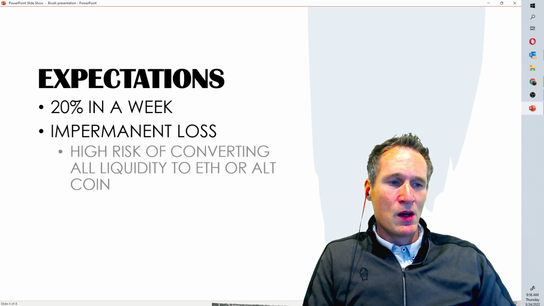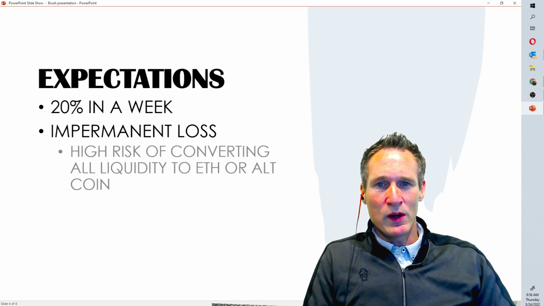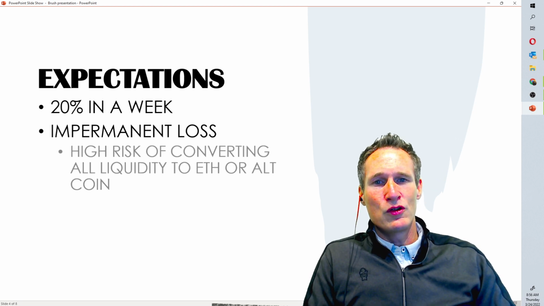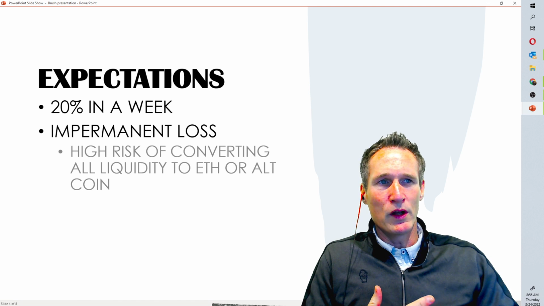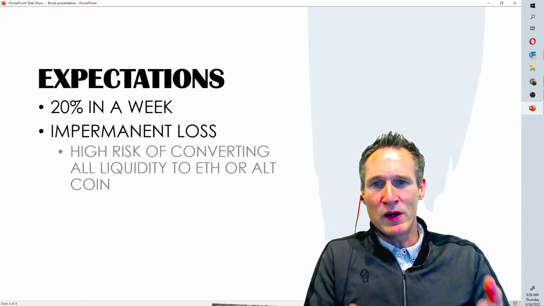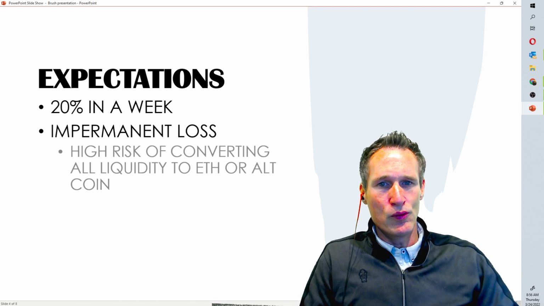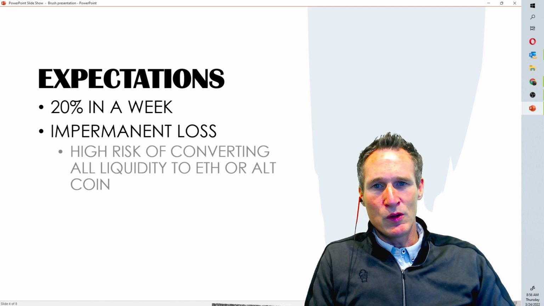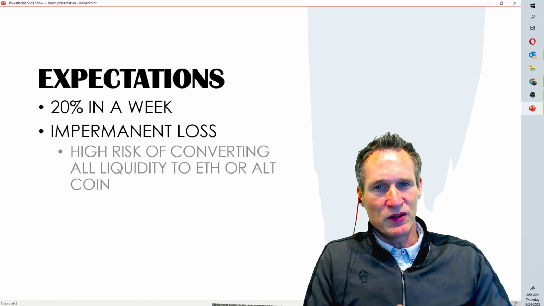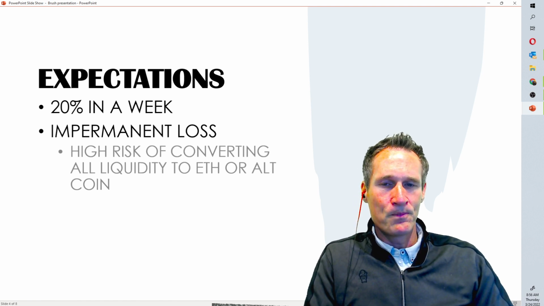By providing your liquidity to that pool, you are entitled to a portion of those transaction fees, depending upon your ratio of liquidity compared to the total pool size. So, as an example, there's more that goes into this, but I'm just trying to give you a little bit of an example.